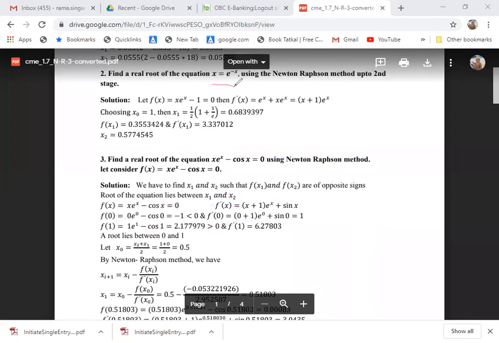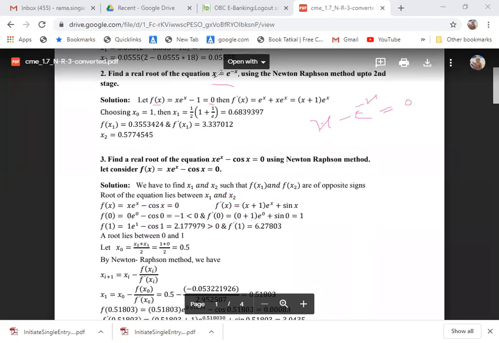So always we should keep our equation in the form of f(x) equal to 0. And then we will choose f(x). We can take this equation as x minus e power minus x equals 0.